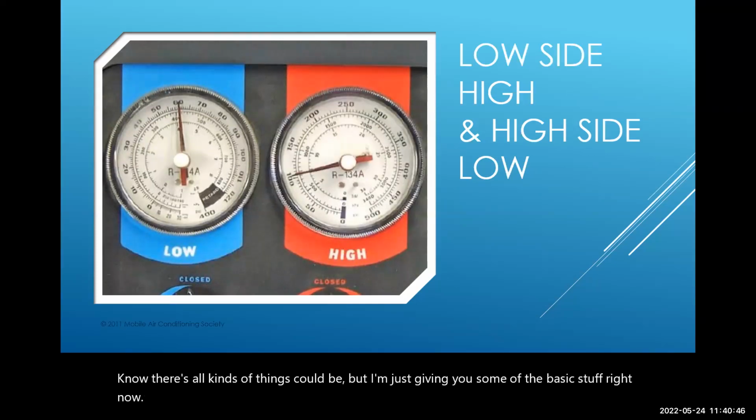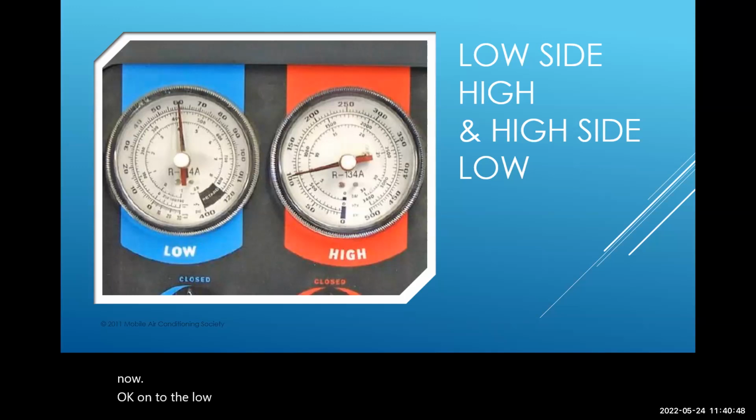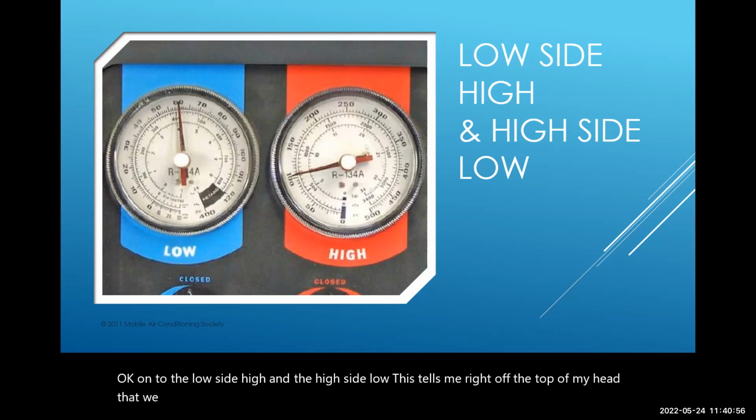Okay, on to the low side high and the high side low. This tells me right off the top of my head that we have an internal compressor fault. This may be in the variable type compressors that it has a valve problem.